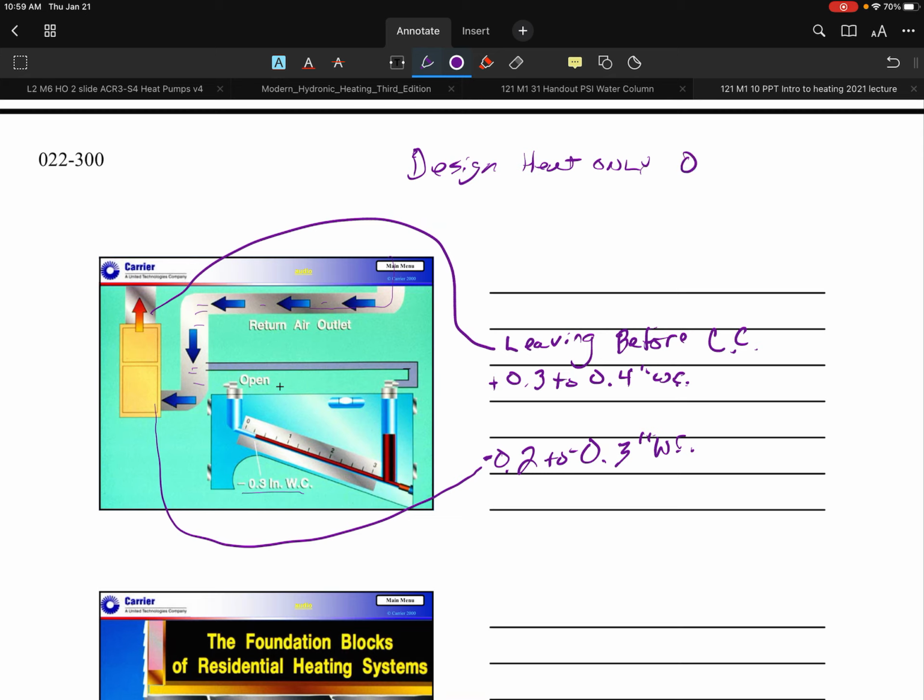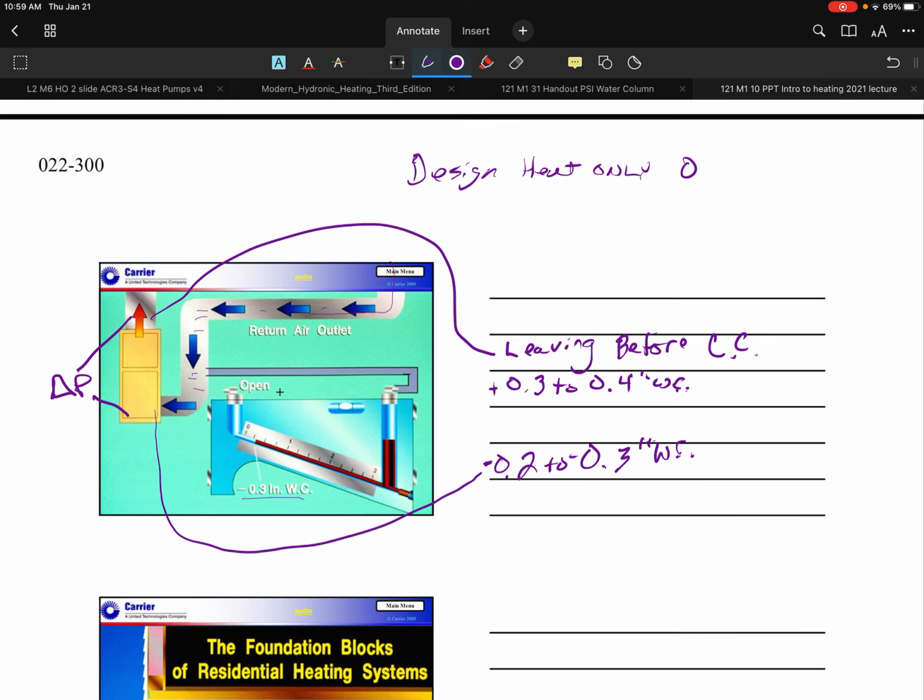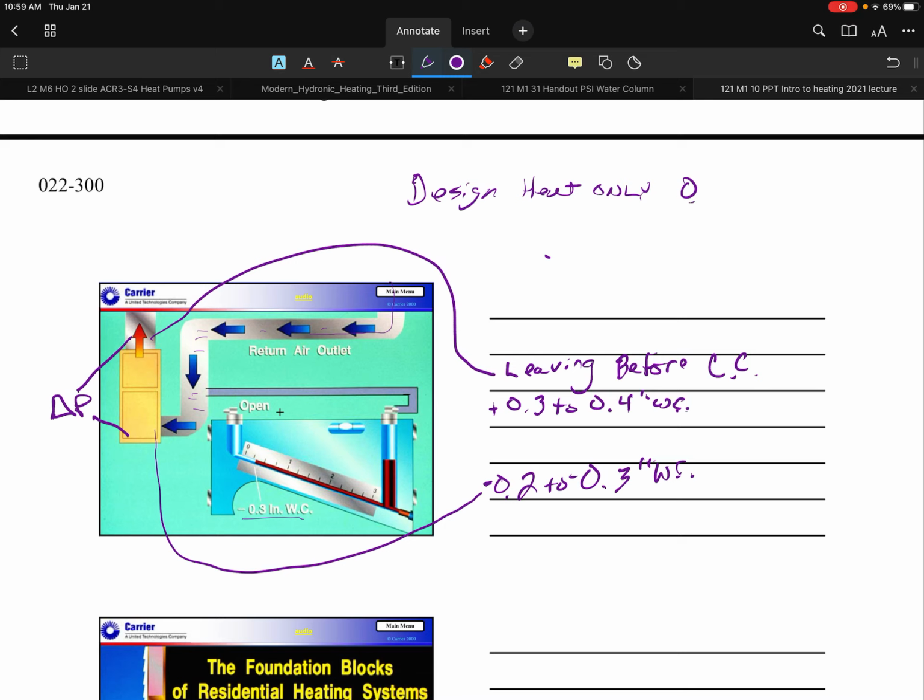They're designing it for a difference in pressure between here and here, that delta P. For a heating only system, that's roughly about 0.2 inches of water column. And with cooling, they're typically designing it for basically about 0.5 inches of water column.